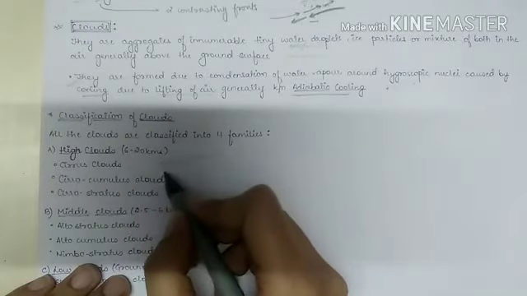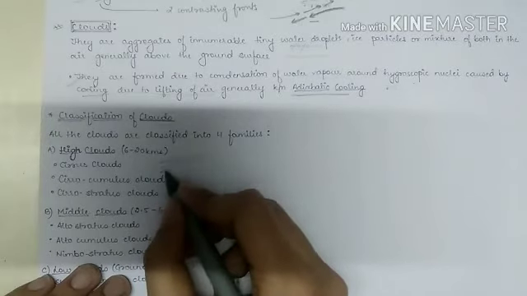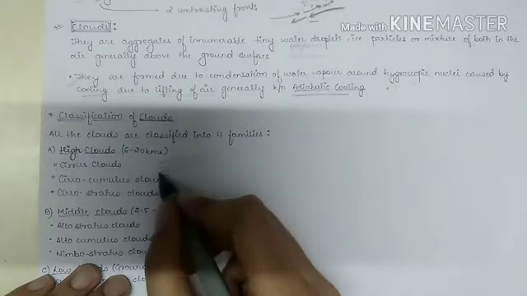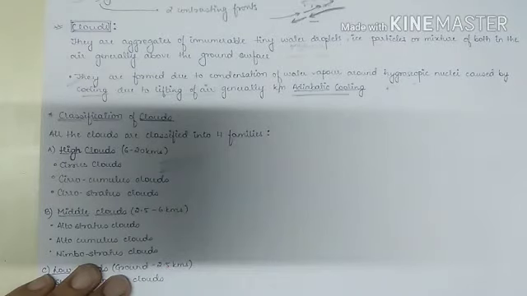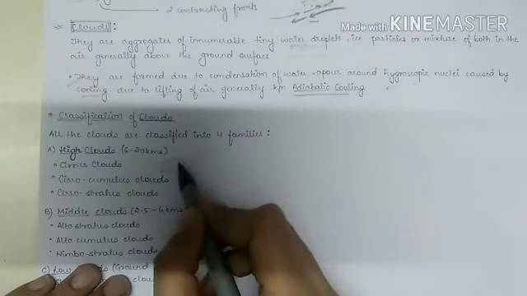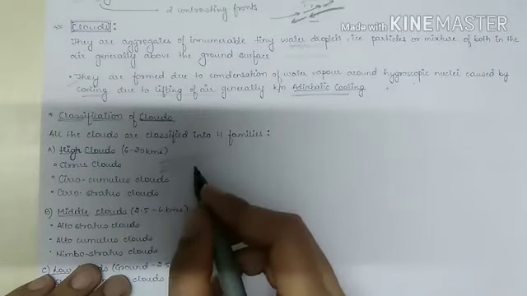Okay. So they are fibrous. Okay. And they are hair like, we can say, having silky appearance. And these are formed of tiny ice crystals and are transparent or white in color.